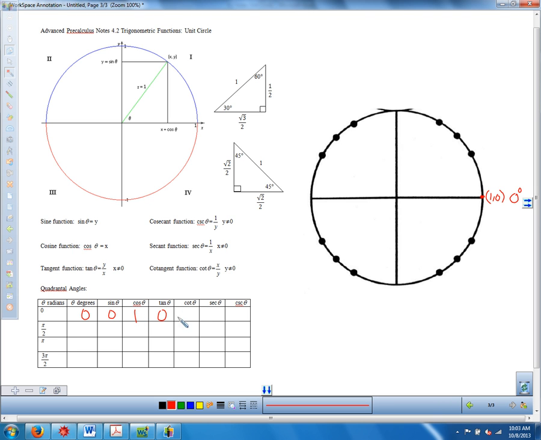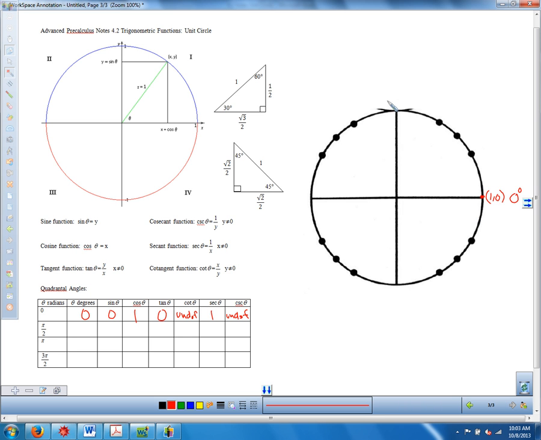So that would be undefined. The secant is 1 over cosine, 1. The cosecant, 1 over sine, would be undefined. So on the unit circle, the sine of the angle is the y, the cosine is the x.